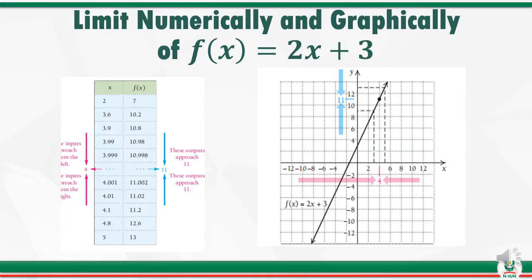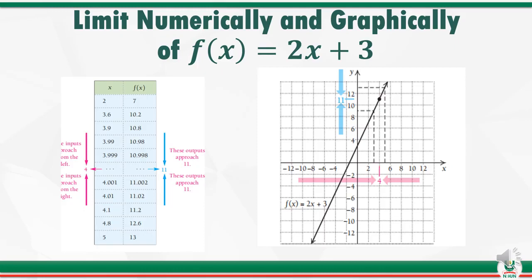We are now studying the limit of function numerically and graphically. And the function we are considering here is f of x is equal to 2x plus 3. Let's study it numerically. Numerically, we have x, and in the table we have f of x. When x is 2, 2 times 2 plus 3 gives us 7.